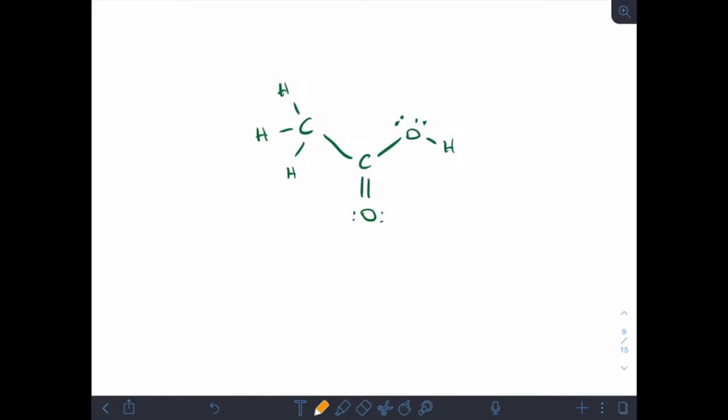But let's take a look at this particular molecule. We have 3 central atoms in this molecule: this carbon, this carbon, and this oxygen. Let's look at the hybridization around each one of those. Our carbon on the left has 4 areas of electrons, so sp3.